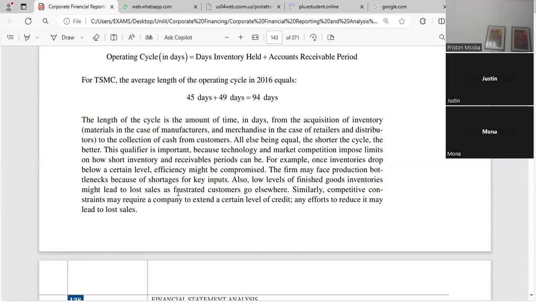Why? We learned that corporate financing, or sources of funding for businesses, is in two major forms, equity or debt.